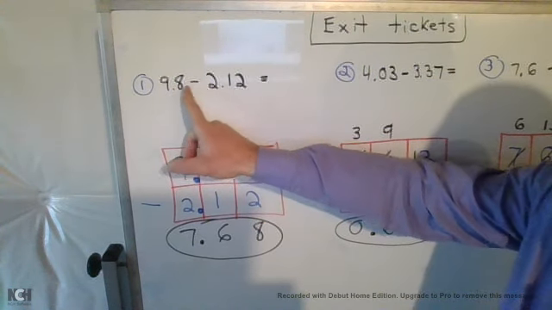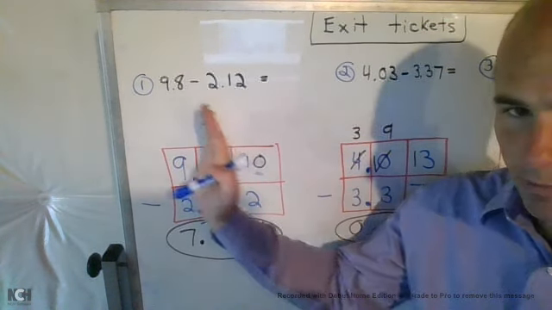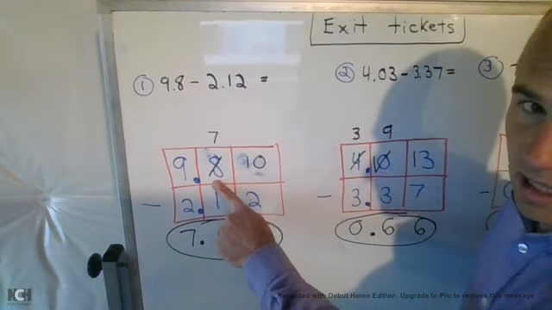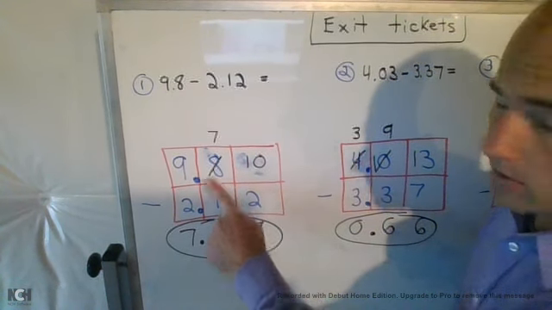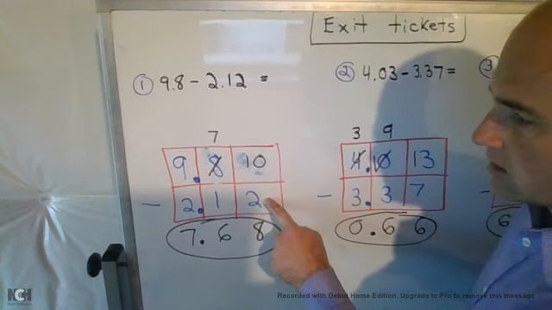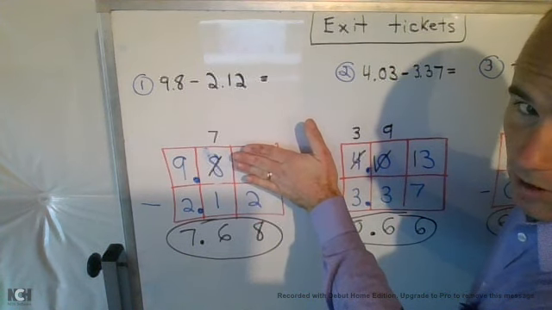9 and 8 tenths minus 2 and 12 hundredths. So I placed it on my little table here. 9 and 8 tenths, yet you see the 8 crossed off, but there's a reason for that. And then 2 and 12 hundredths. So I couldn't take 2 away from nothing. There was nothing there, right?